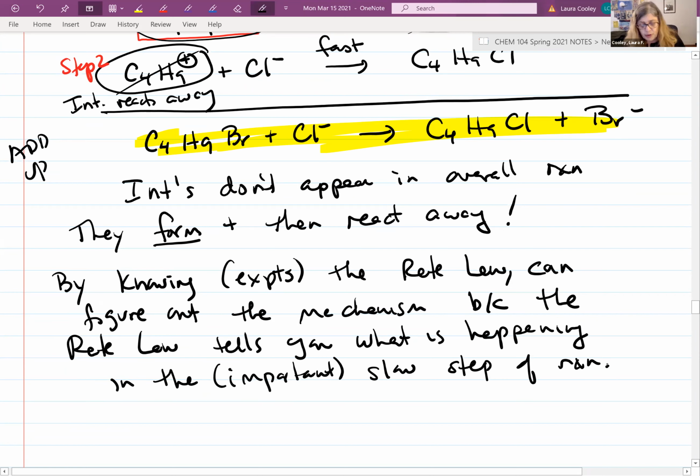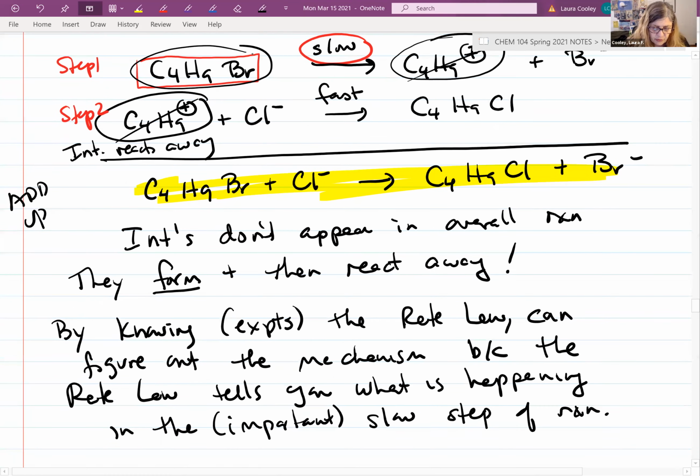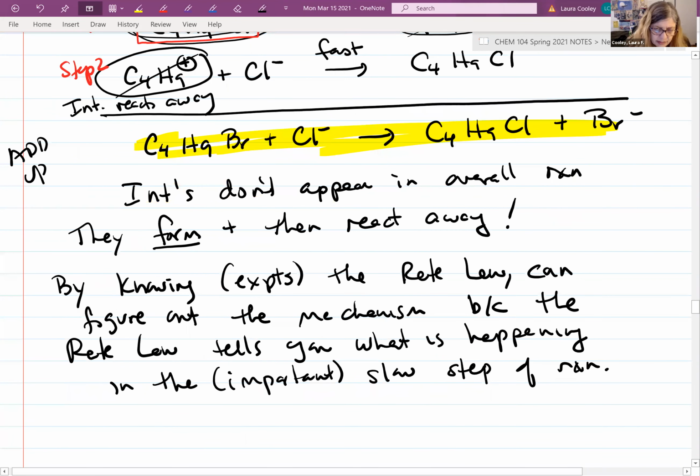So if you do the experiment, you find out, oh, this reaction is first order in C4H9Br. Well, that must mean that the slow step is just it doing something. So then you might think, oh, maybe it forms a carbocation. And this is the kind of thinking that gets chemists giddy, because they love this kind of stuff, okay?